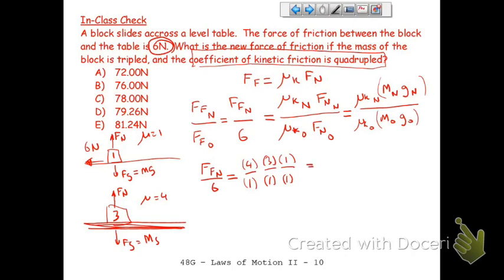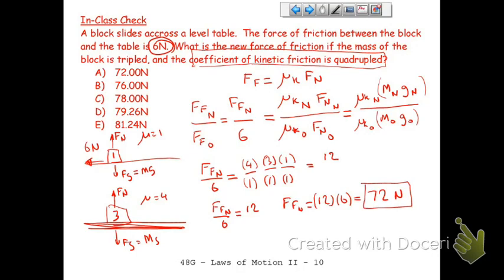So that gives me 12. I can't tell you how many people will then tell me the answer is 12. And the answer is not 12, because FF new over 6 equals 12. So FF new is equal to 12 times 6, which equals 72 newtons.